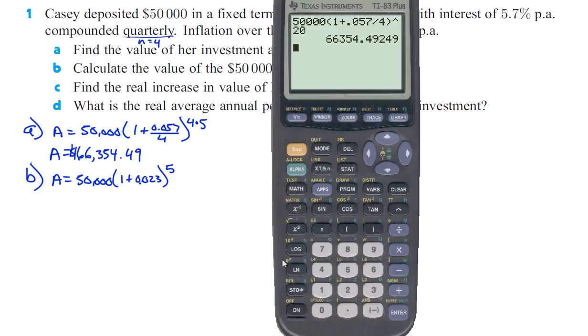So now we're going to figure out what the inflation effect is going to be. 50,000 times 1 plus 0.023, all to the 5th power, gives us 56,020.65.